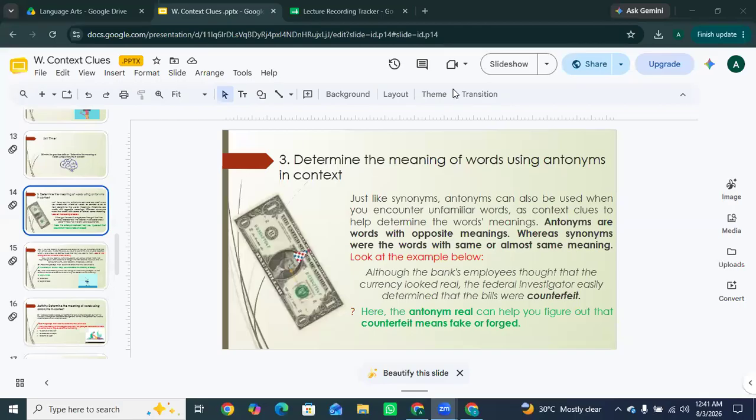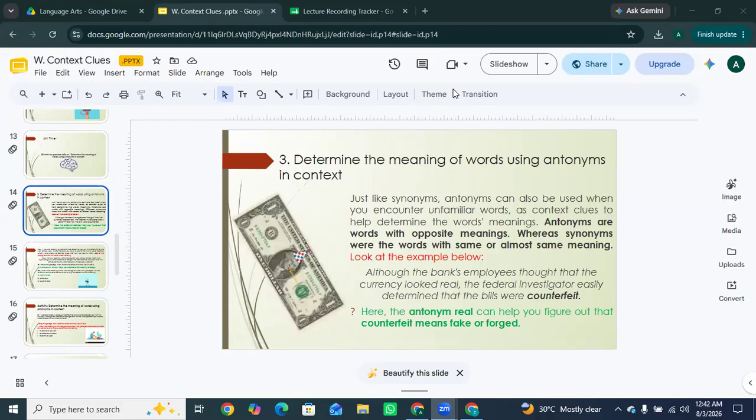Although the bank's employees thought that the currency looked real, the federal investigator easily determined that the bills were counterfeit. So the target word is counterfeit, and the clue word, the antonym, is real. Notice the word although. It hints that an opposite idea is coming.